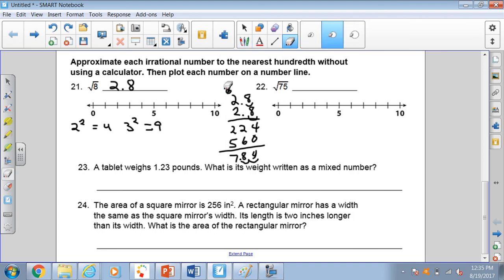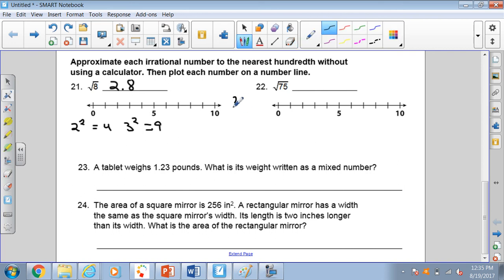So we're going to go a little bit higher, and let's see, since it was so close, I'm going to go with 2.81 and see what I get there.